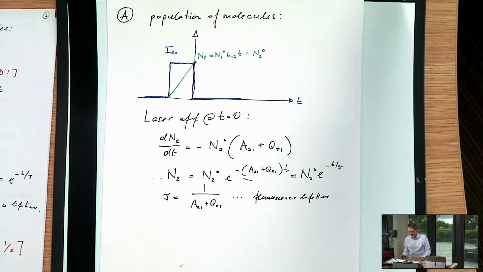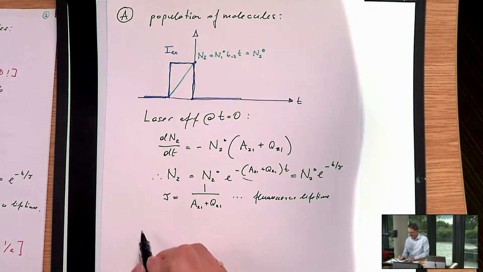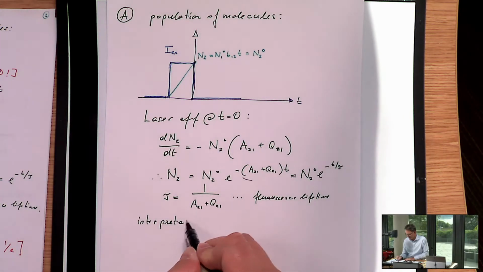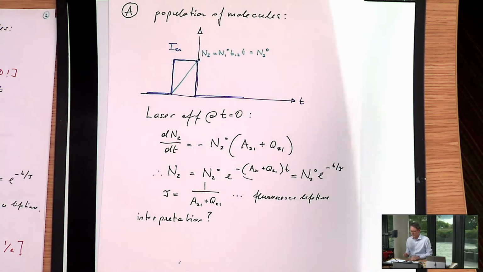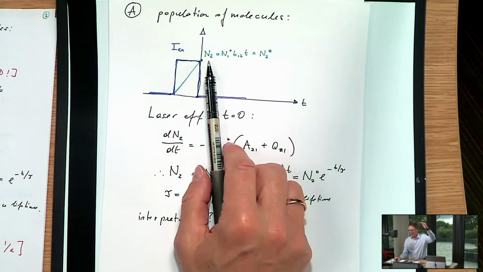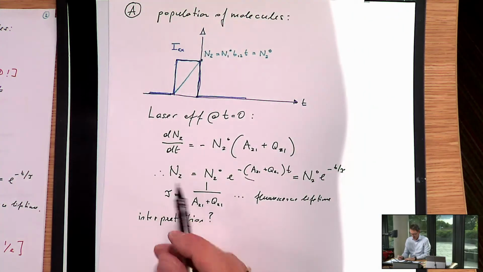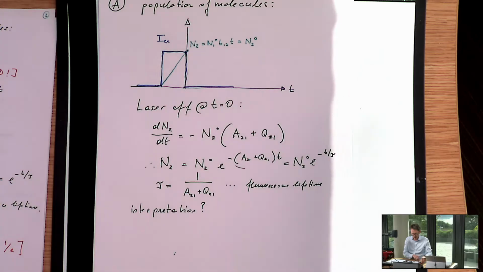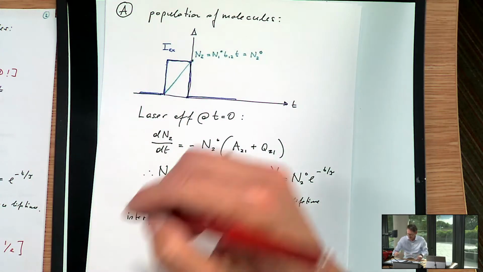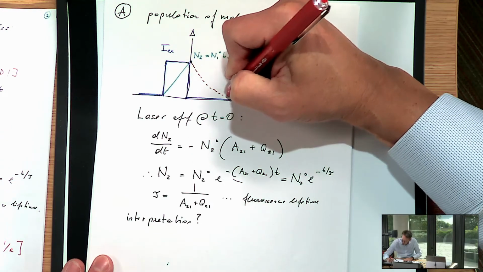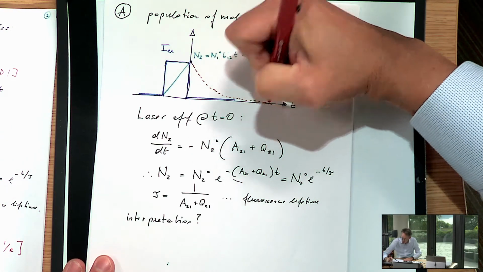So what does this actually mean? How do we interpret this? So in this picture, if we have an initial population in the upper state of N2, what tau represents is the time for that population to decay down to 1 over e of N2 naught.